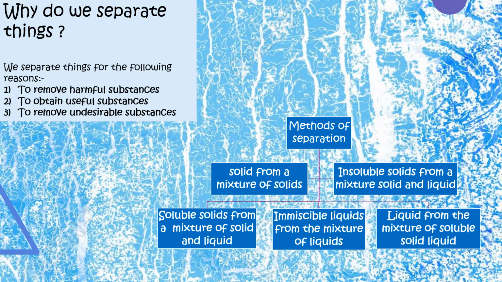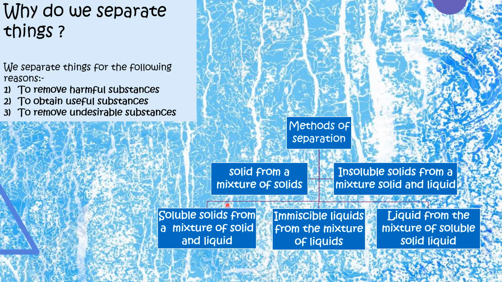These are the methods. Solids from a mixture of solids: if there are lots of solids, we can separate them for use. Insoluble solids from a mixture of solid and liquid: some solids are not soluble in the liquid, so they are called insoluble solids.